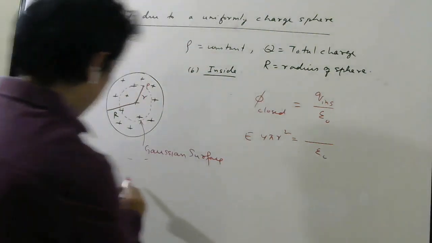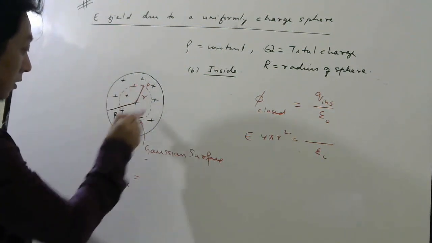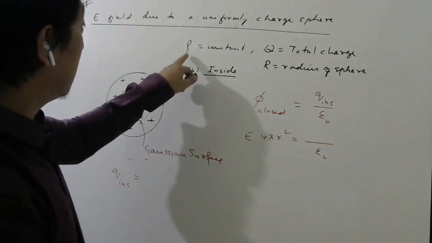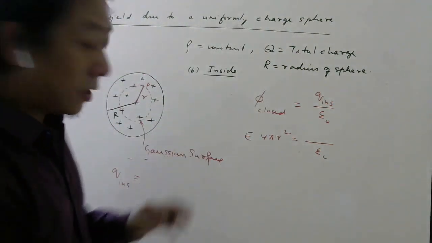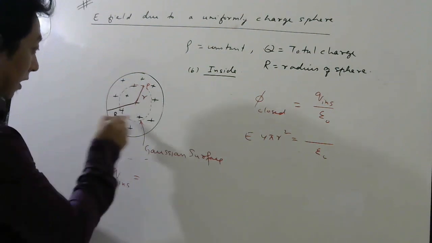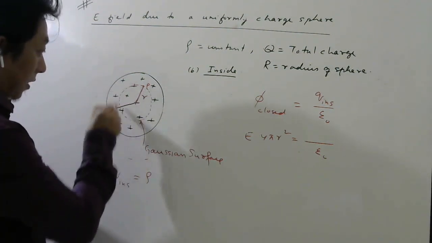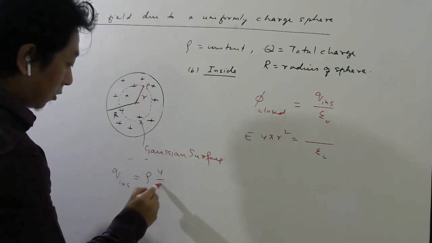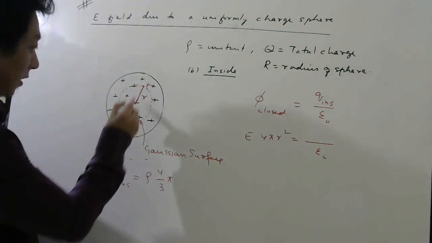So how to find charge inside this? Let me write this side. So charge inside the Gaussian surface will be, since they told the sphere is uniformly charged, density into volume of the inside part. And that volume is how much? 4 by 3 pi, so it is small r, right?